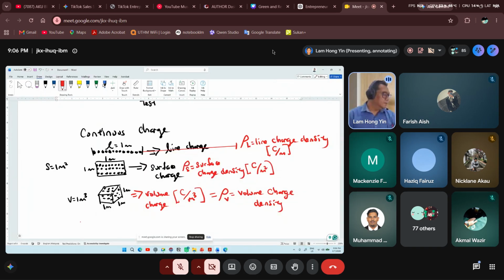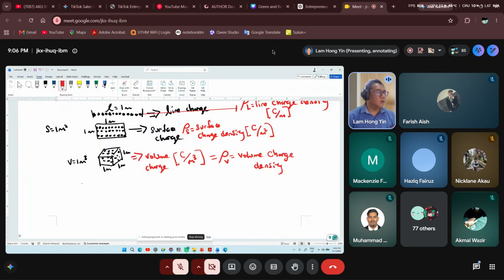Okay, so usually how do we use that to calculate the total charge? Because we concern on the total charge, right? For example, I have a length over here. For example, the length is 10 meter.